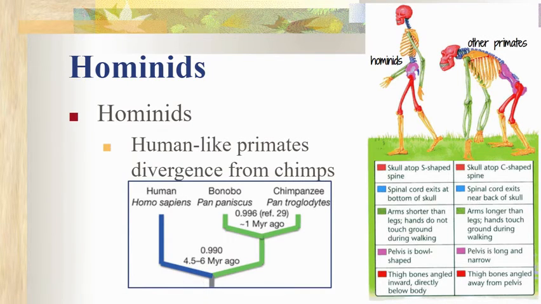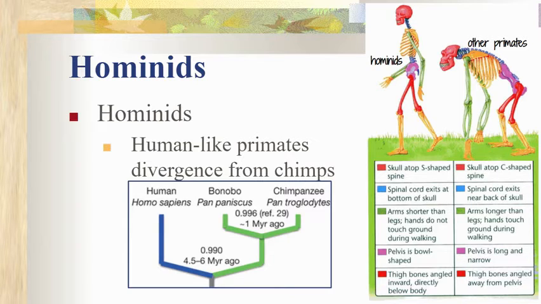Hominids are the human-like primates that diverged from chimps. So these would be ancestors of modern humans. And we can look at what hominids have in terms of characteristics compared to other primates, like you see in that table.